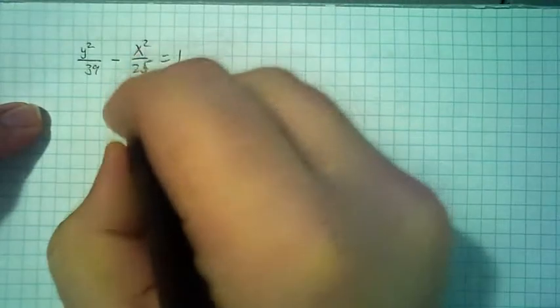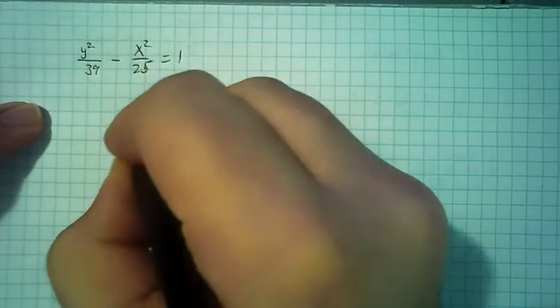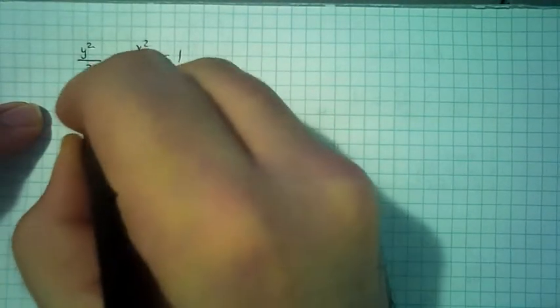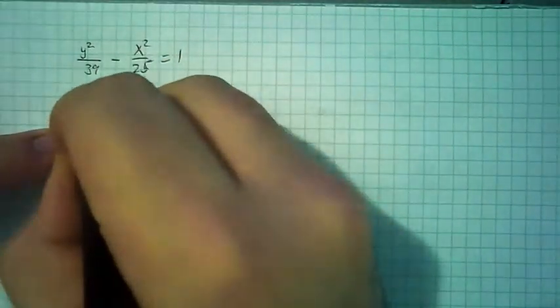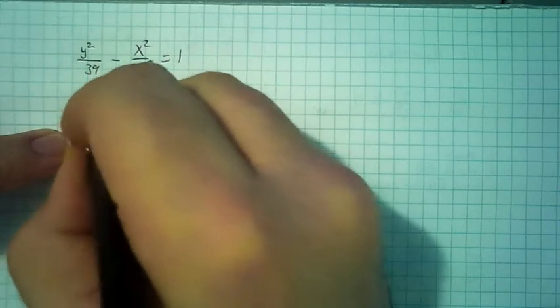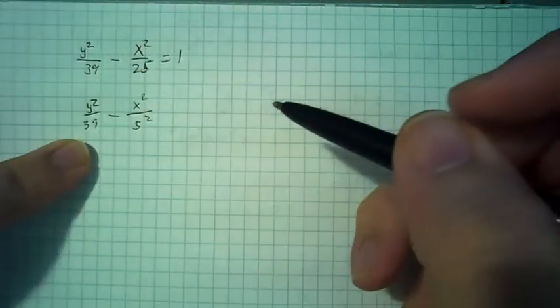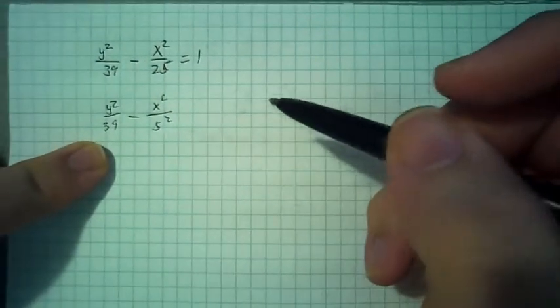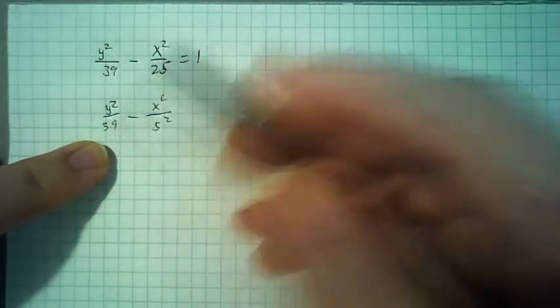In this case, the x squared has a very nice square underneath it. That's 5 squared. But square root of 39, that's problematic. So square root of 39 is more than 6, less than 7. It's less than 6.4. Square root of 41 is 6.4.